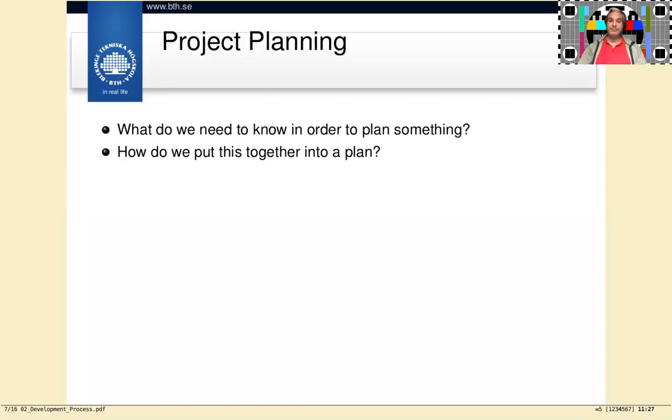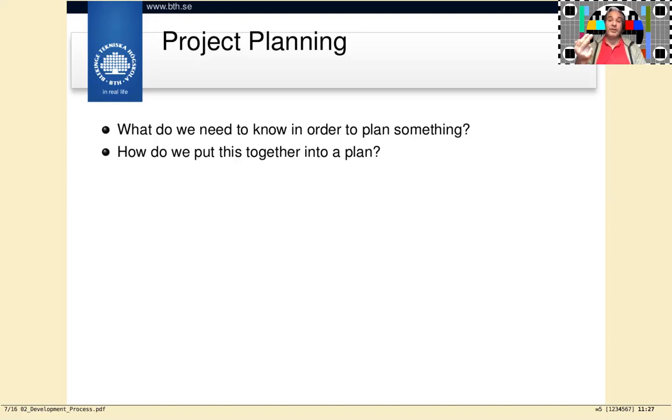Project planning. Well, what do we need in order to plan something? Well, that depends on the task, of course, that we have. But that's the first question that we should ask ourselves when we set up a plan. What do I need in order to be able to do this plan? It can be, first of all, which tasks am I going to do, and how much time are those tasks going to take?